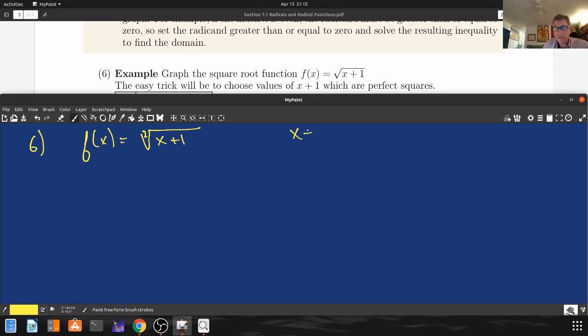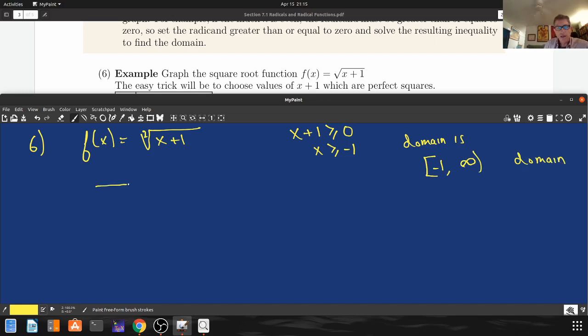So we need x plus 1 greater than or equal to 0, which means x is greater than or equal to minus 1. So the domain is all real numbers, including minus 1, that are greater than minus 1. So that is our domain.